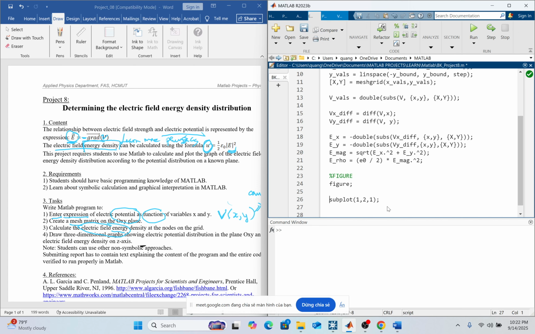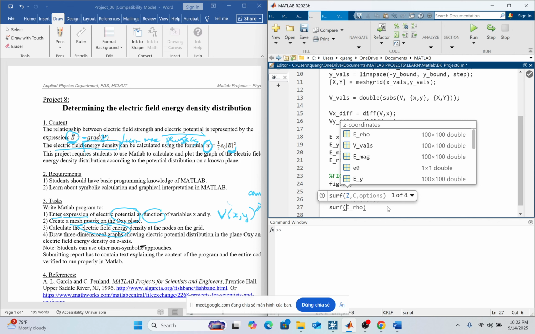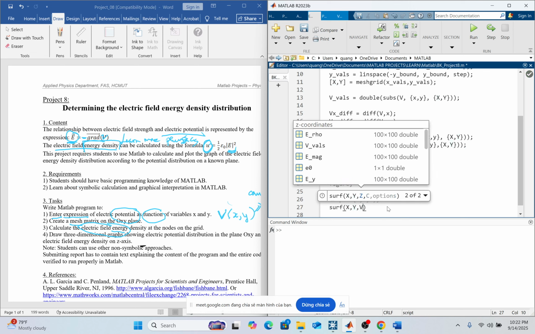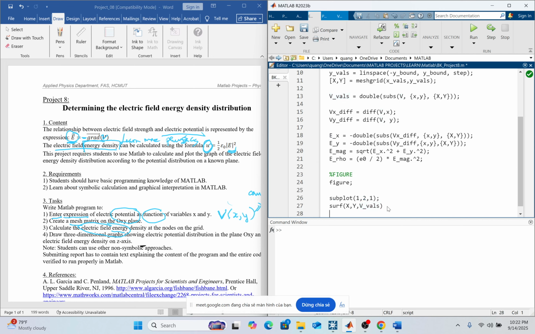Okay? And the command to draw a function, a mesh, is surf. I will input the x, which is the matrix storing all the points in the x direction, okay? The y and the v values according to those directions. And I can set the title.